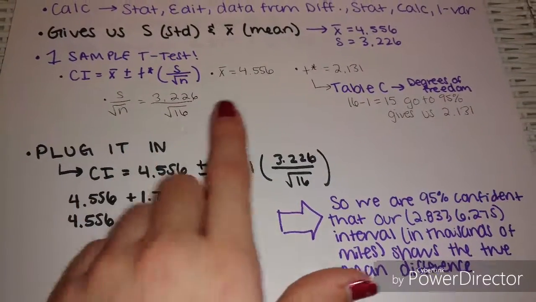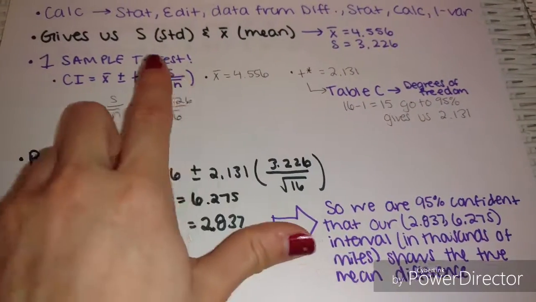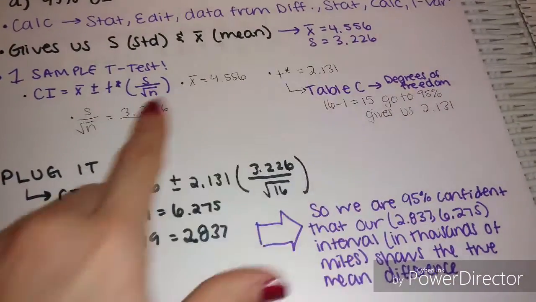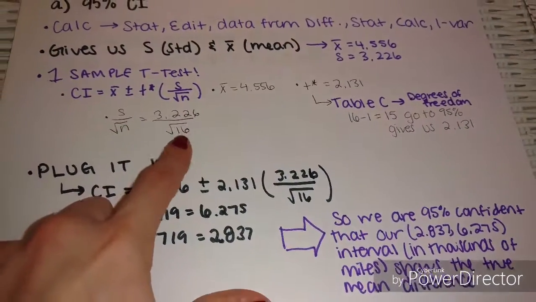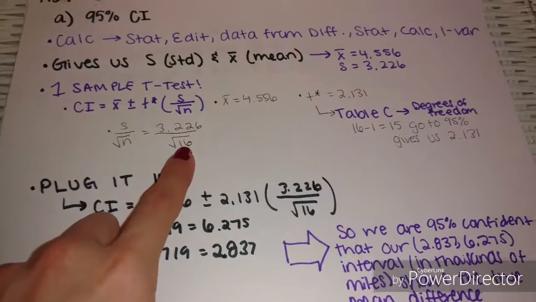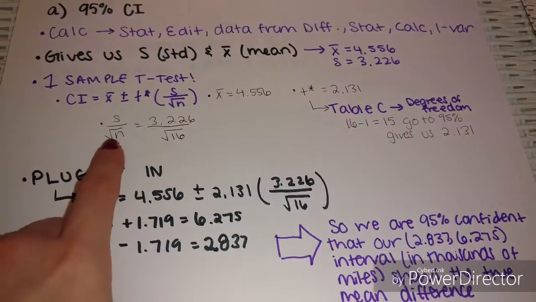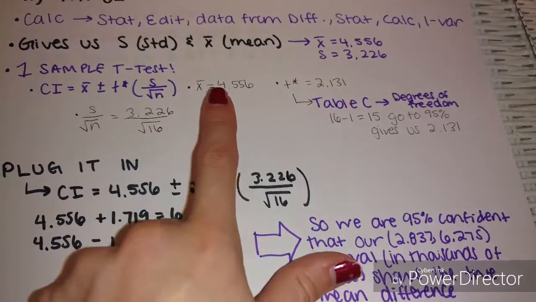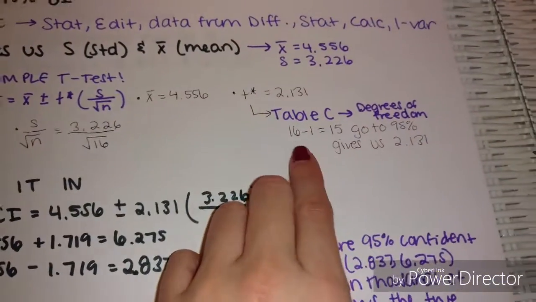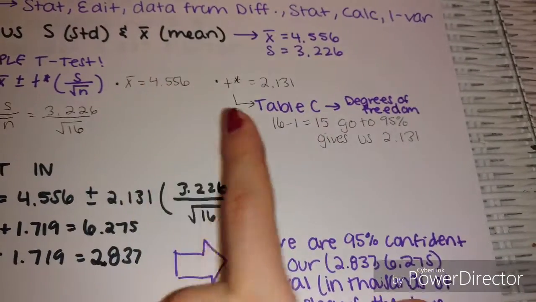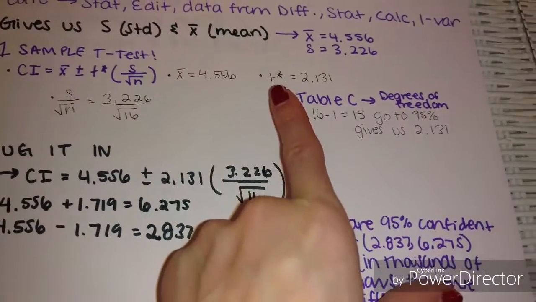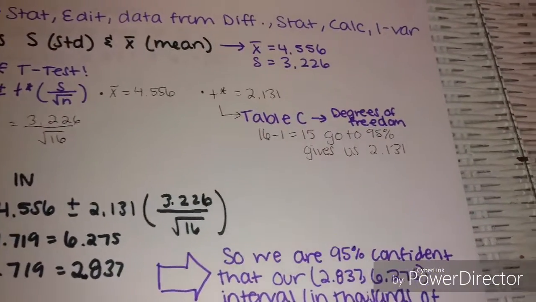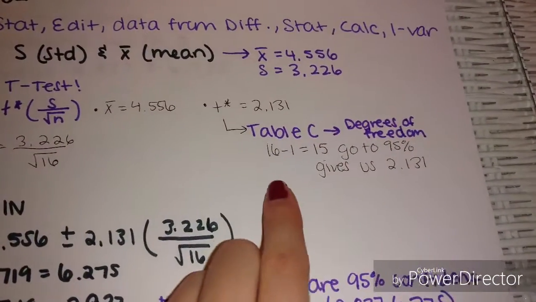And then we plug in our S, our standard deviation, into there, and our sample of 16 tires in the N. And then to find our T star, our T, we are going to go to Table C and find the degrees of freedom.